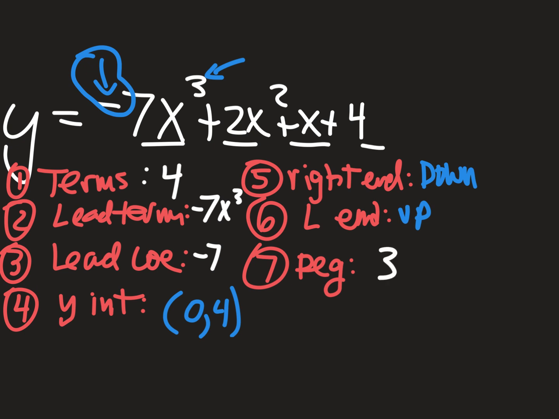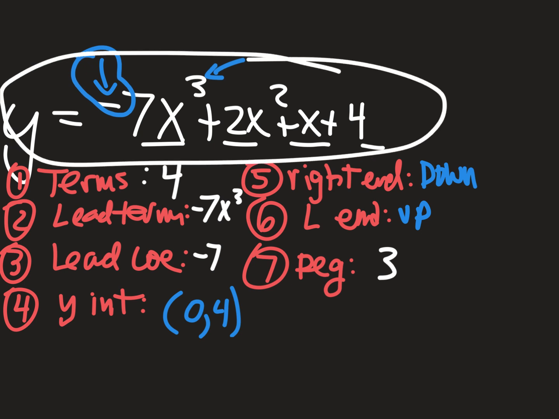Okay. Now, we have to look at problems that instead of being in an equation, we're going to give them to you as a graph. Everybody please copy down this.